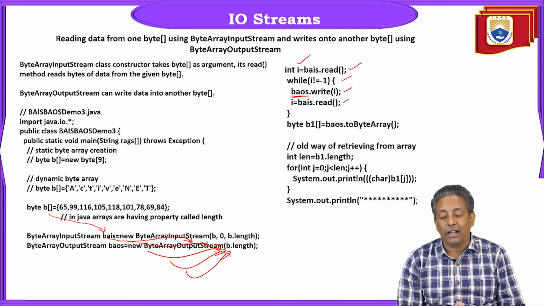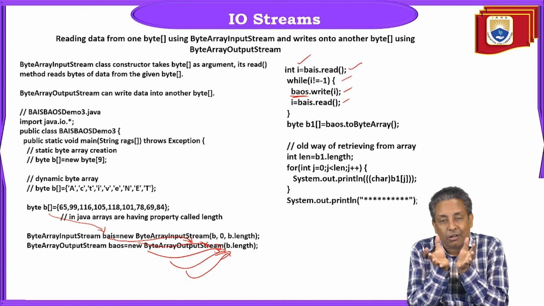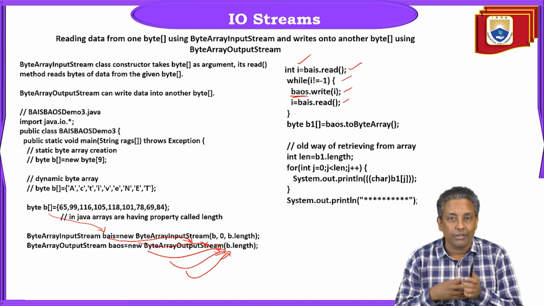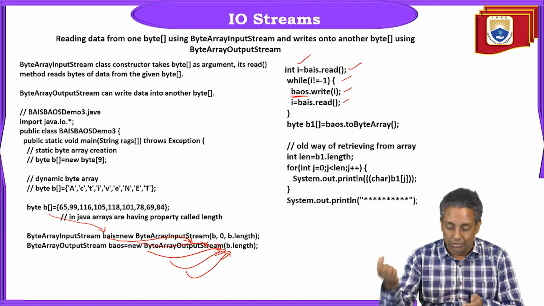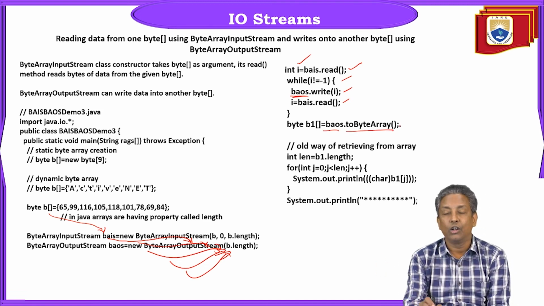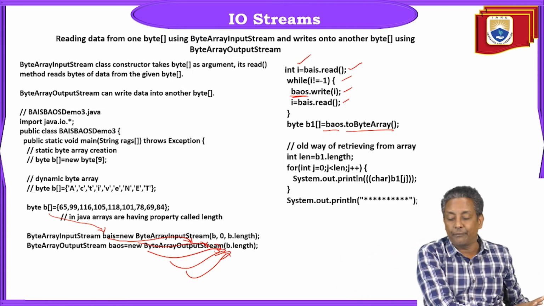Now the whole data is in the stomach of the byte array output stream. So now you ask the byte array output stream to give that byte array into the program. You call the toByteArray method, which will convert the content in the byte array output stream into a byte array.